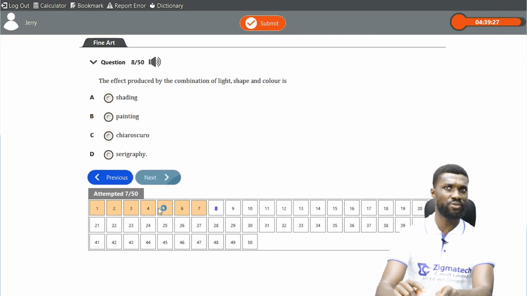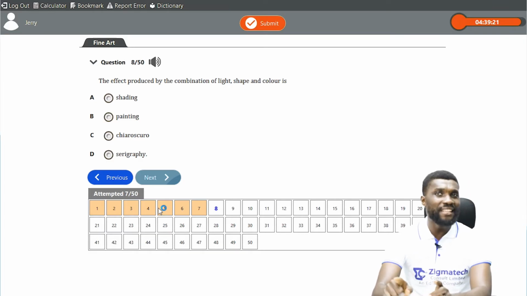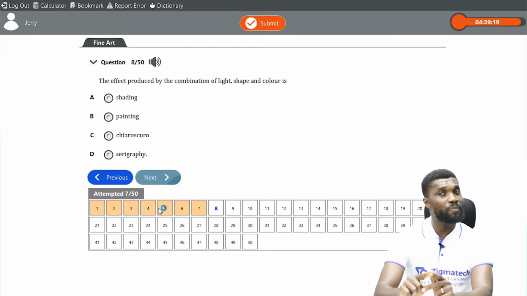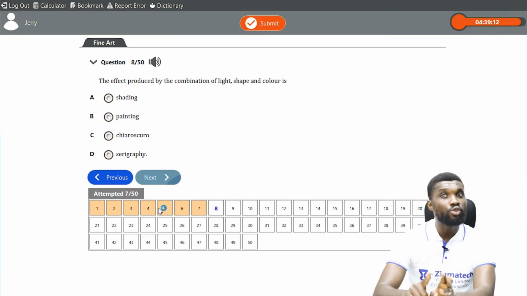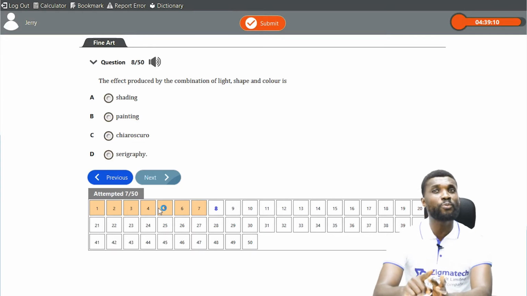Does shading produce light, shape, and color? B, painting. Does painting produce light, shape and color? C, chiaroscuro. Does chiaroscuro produce light, shape and color? And D, serigraphy. Does it produce light, shape and color?